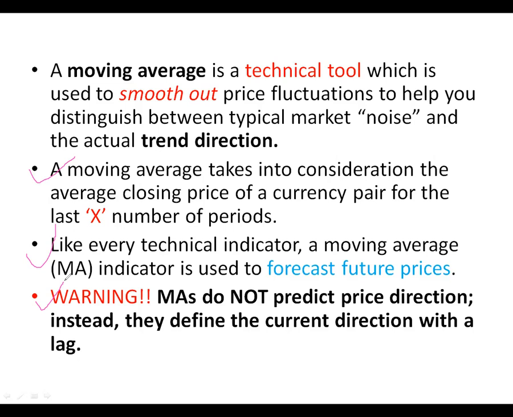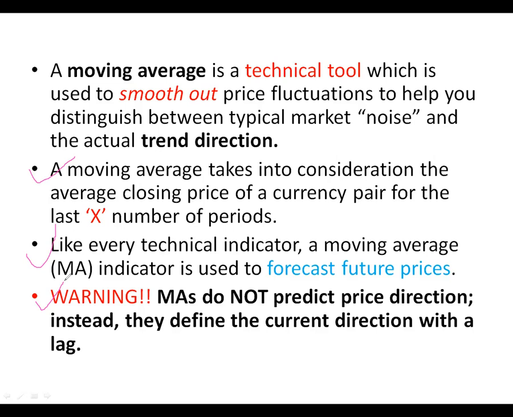They only tell you the current direction of the market with a lag, which simply means that the moving average is doing past calculations. The moving average is actually doing a calculation of what has already happened in the forex market.